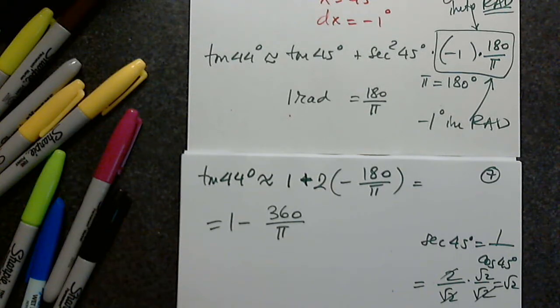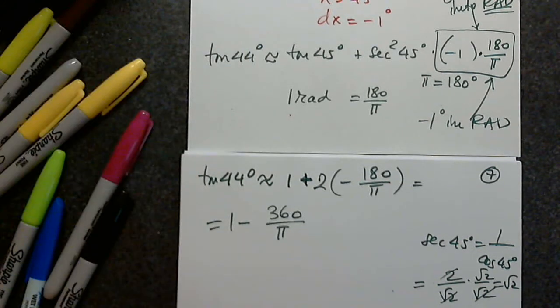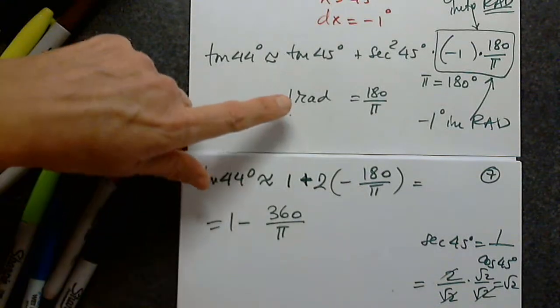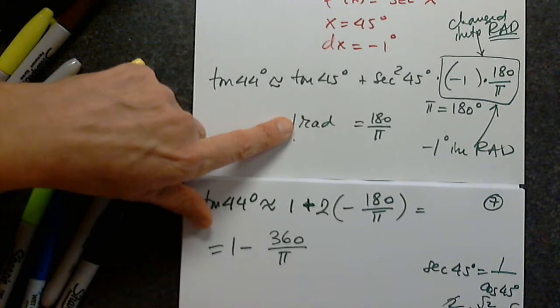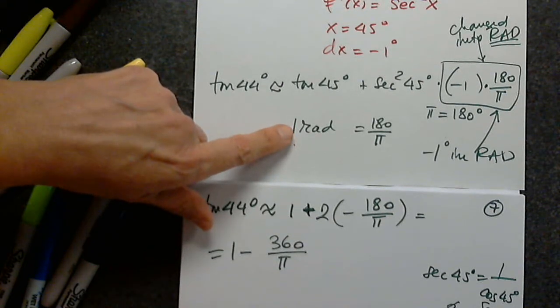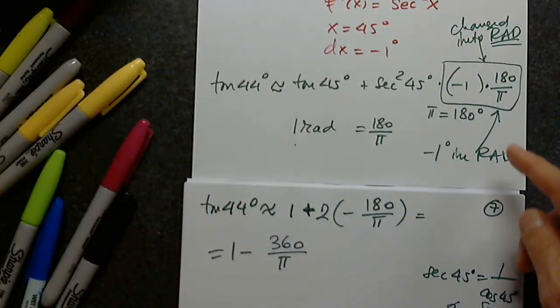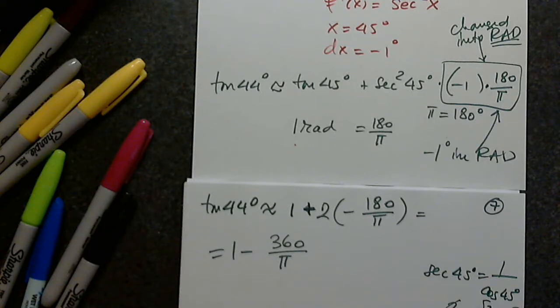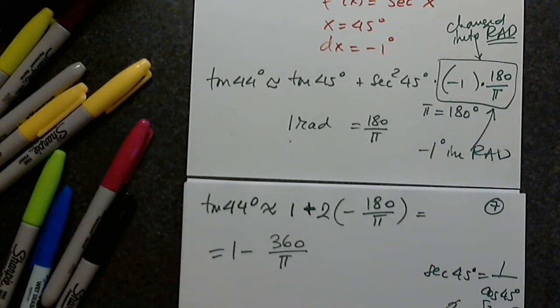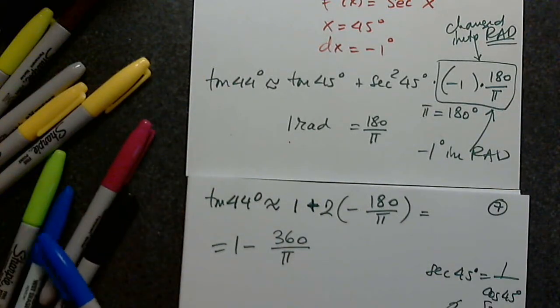Oh. No, I did something. I have to go back and look. What did I do? Right, I reversed this. Sorry. So 1 degree into radians, not 1 radian into degrees. So sorry about that. So let's change that. It's pi over 180. Makes no sense. Sorry about that. I got carried away.